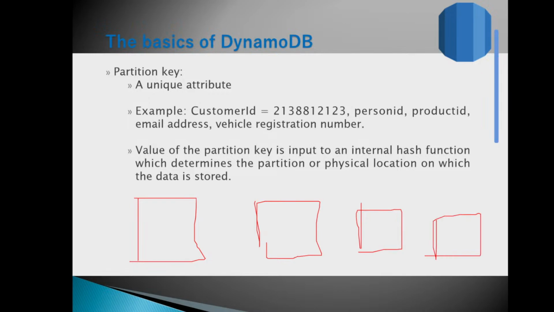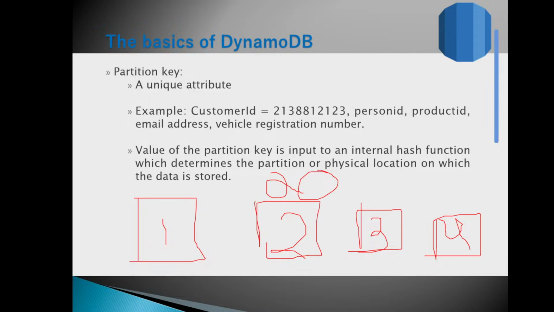Now, if you enter a new value, let's say 20, to determine which value is to be stored in which file, Amazon uses this partition key. Let's say Amazon is storing the data like 1, 2, 3, 4, like this: 5, 6, 7, 8, 9, 10, 11, 12, 13, 14, 15, 16, and so on.